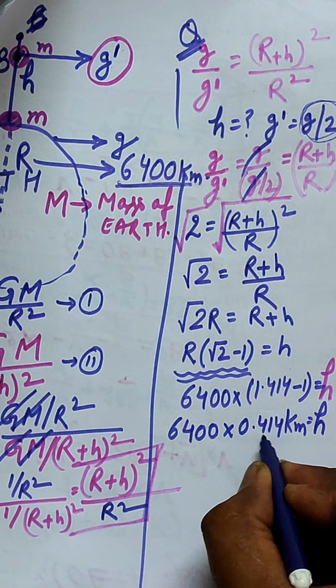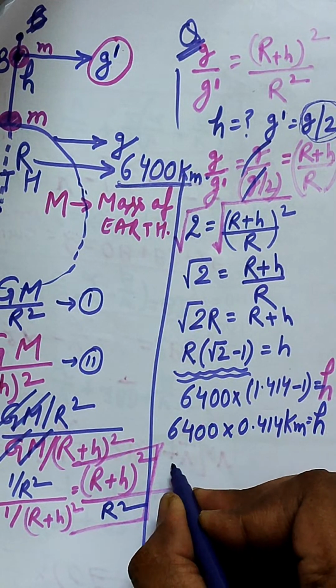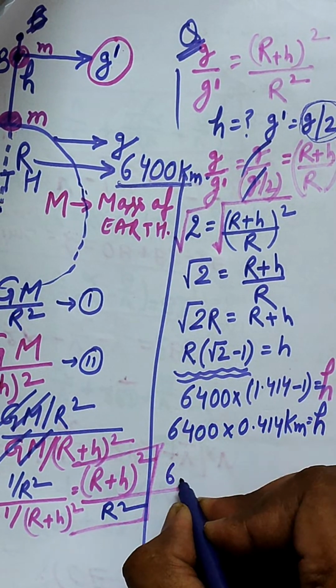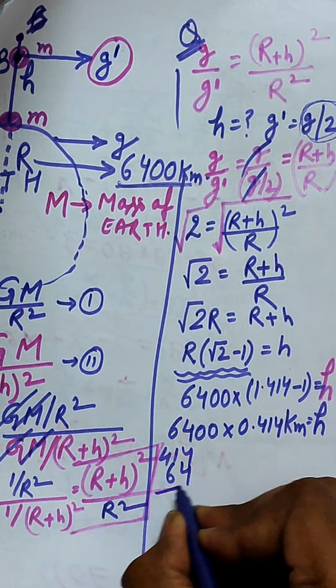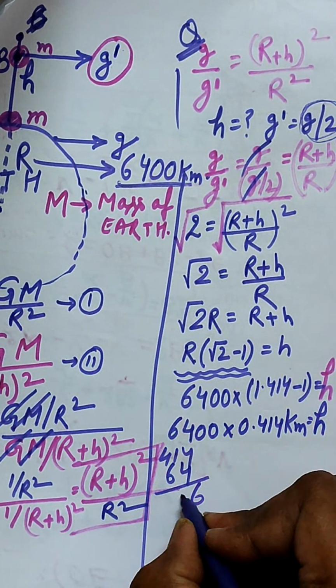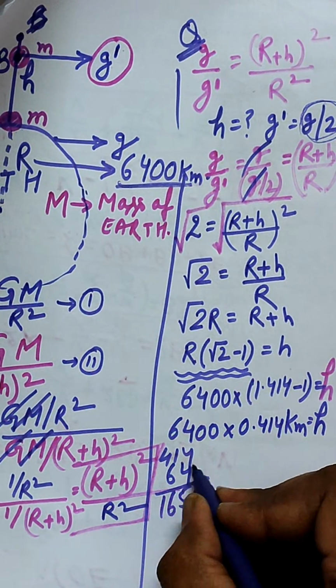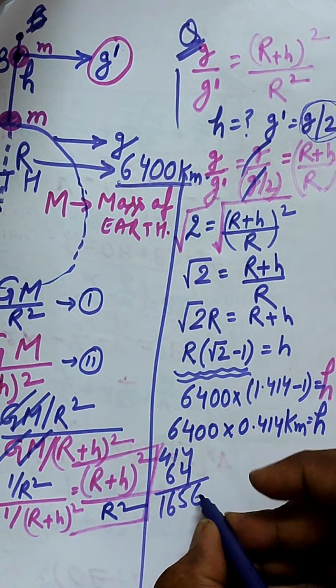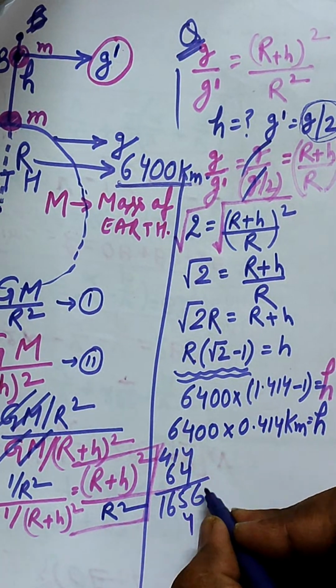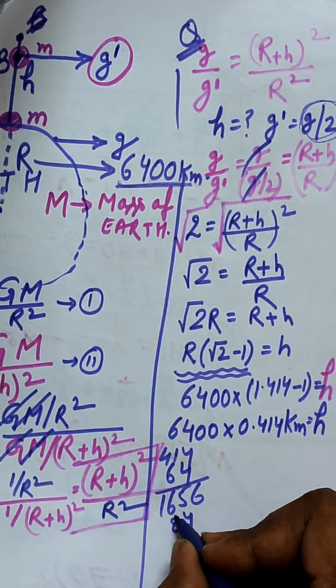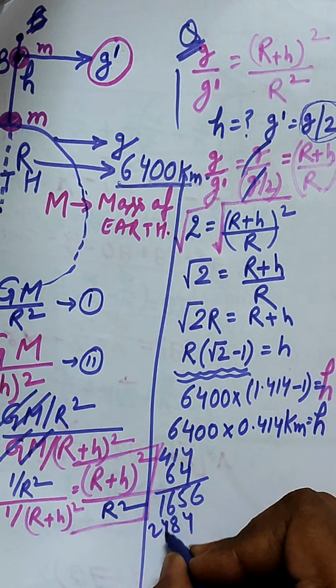Now just multiply 6400 with 0.414. This is a simple calculation, but if you want me to do it, let me do it. 414 into 64, 1656, 24, 8, 24.